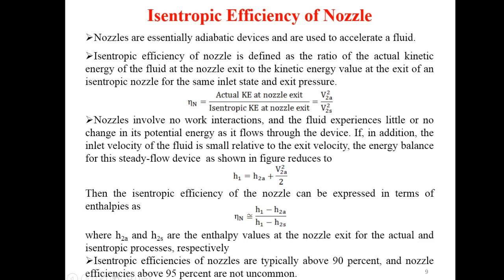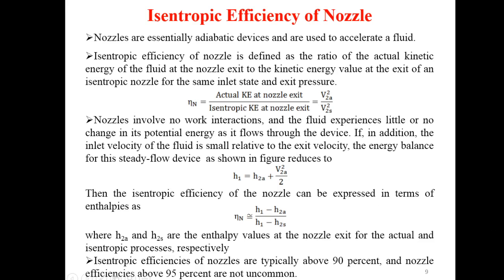S represents isentropic, a represents actual. A nozzle involves no work interaction and the fluid experiences little or no change in its potential energy as it flows through the device. If in addition the inlet velocity of the fluid is small relative to the exit velocity, the energy balance for this steady flow device, as shown in the figure, reduces to h1 equals h2a plus V2a squared divided by 2, because we are talking about per unit mass, so we are not taking the m.